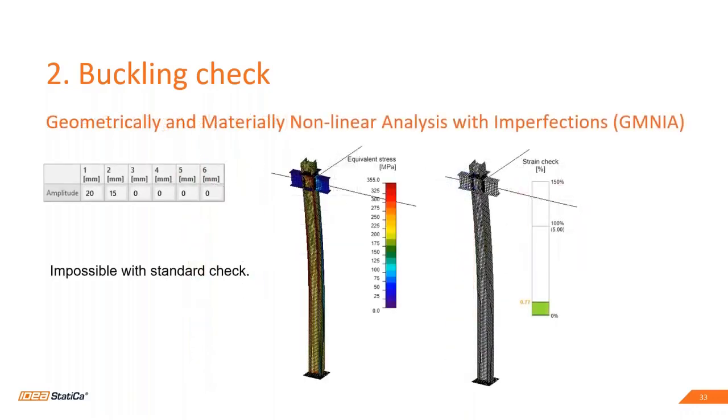Therefore, in the third analysis, we will apply the imperfection on both of these eigenshapes. And for each of them, we can use a separate value. This is something which is not really possible with the standard check, but you can get results from it using IDEA StatiCa Member.